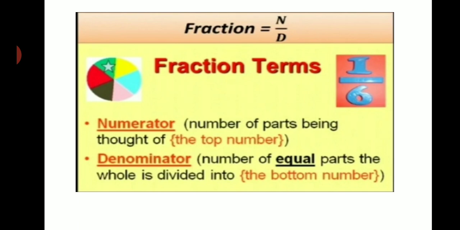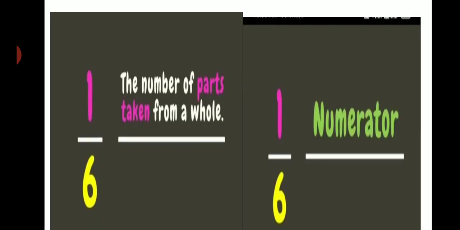Here one circle is divided into 6 equal parts. One part has the star, and the others are the same. So it is 1 upon 6.